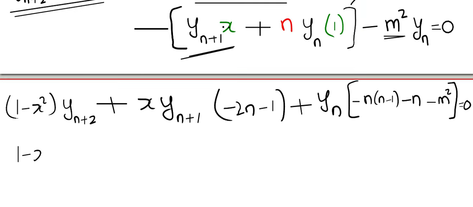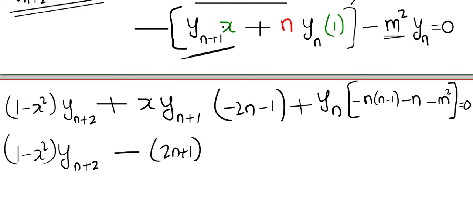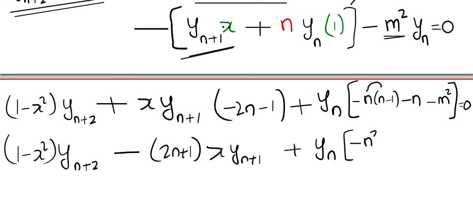So we are going to get 1 minus x square into y n plus 2. Now minus comes outside, 2n plus 1 into x y n plus 1 plus yn into this minus goes inside, so we get minus n squared plus n minus m square.